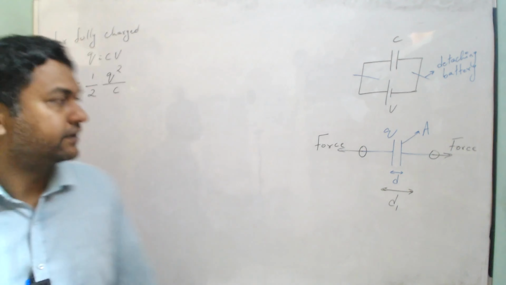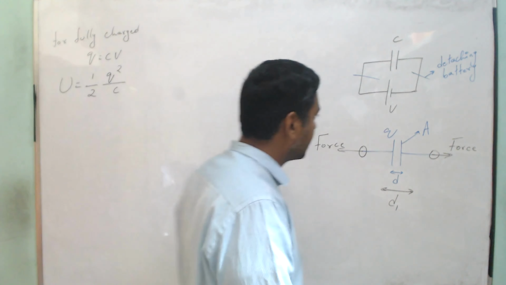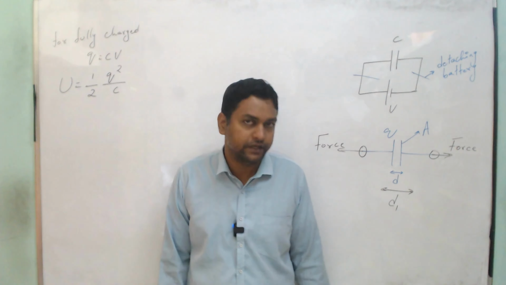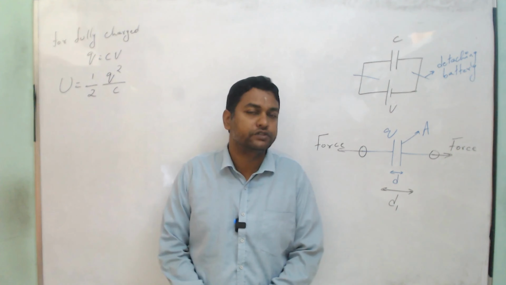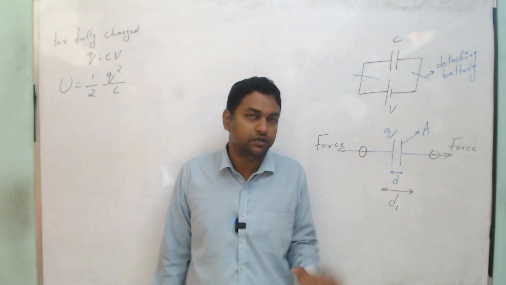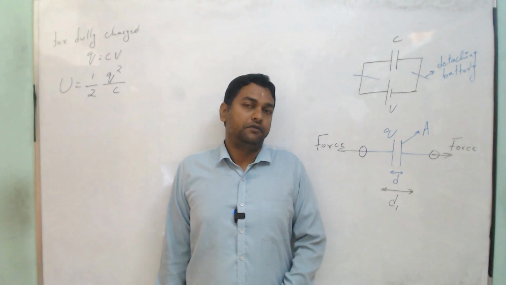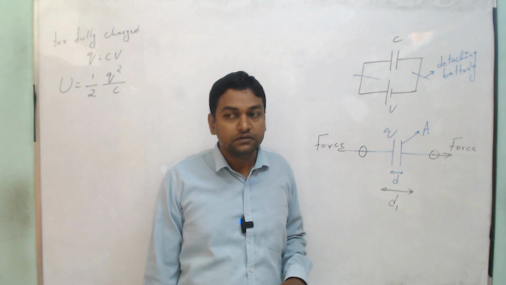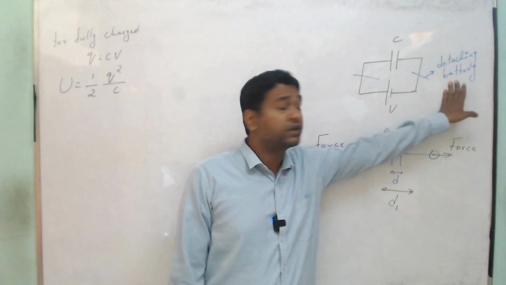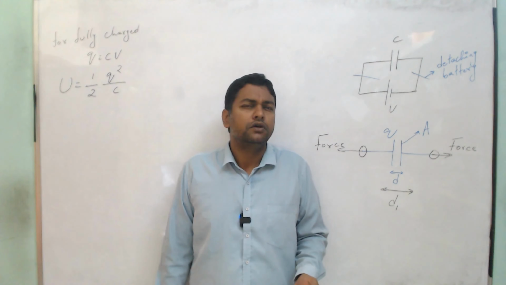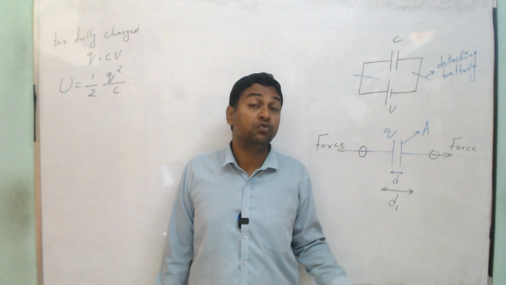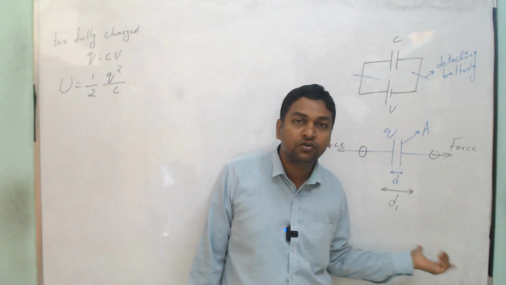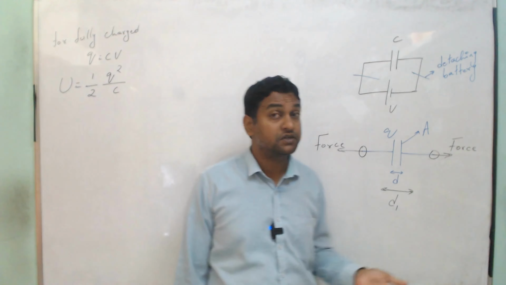Both may be constant, the charge and also the potential, but we don't know yet what is constant and what is not. I only know that I am detaching the battery. Because of that, there is no story of V over here. Maybe it is the same, maybe it's not the same.